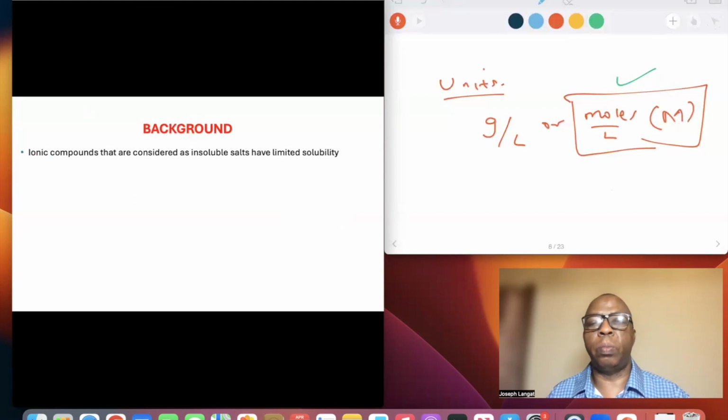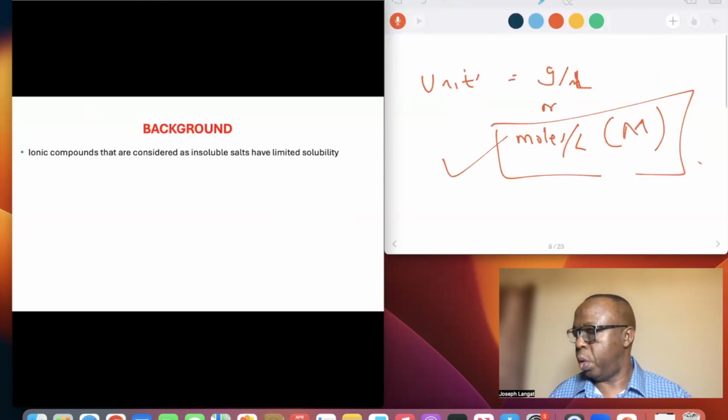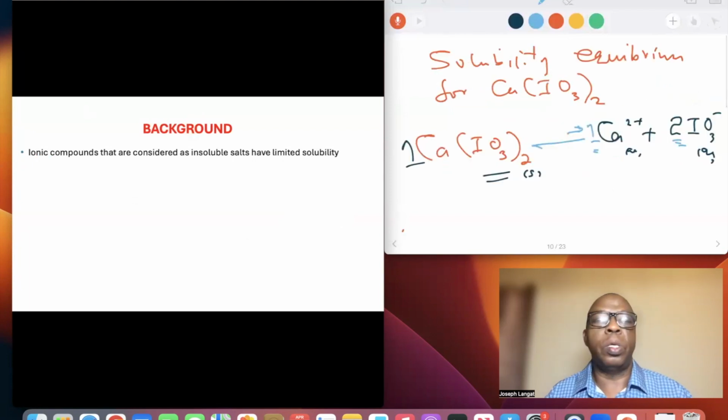In Gen Chem 1, you classified ionic compounds as soluble or insoluble. However, those ionic compounds which are considered insoluble have a degree of solubility.